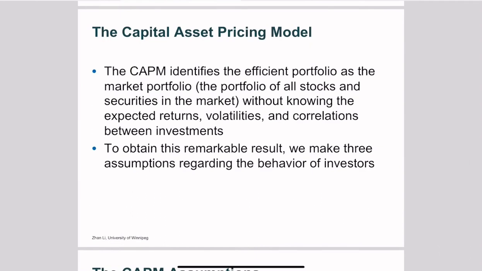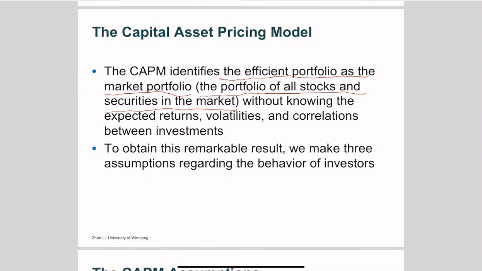So we want to make the following claim. We claim that the efficient portfolio is the market portfolio. First, what is a market portfolio? Well, it's the portfolio of all stocks and securities in the market, right?